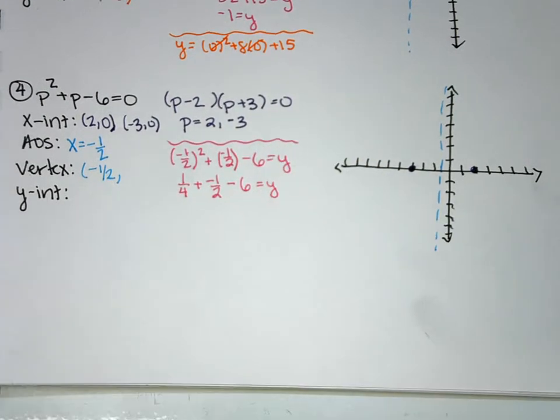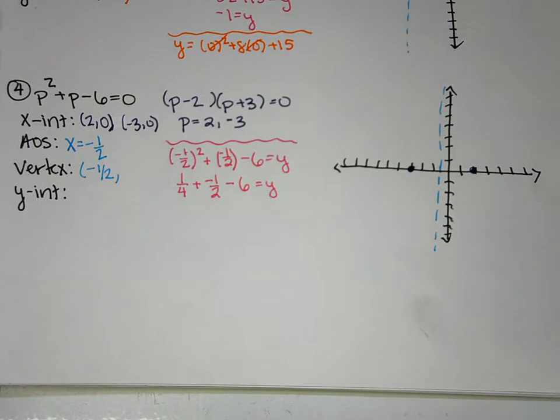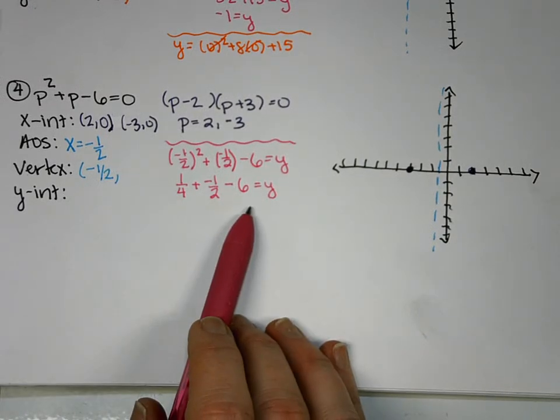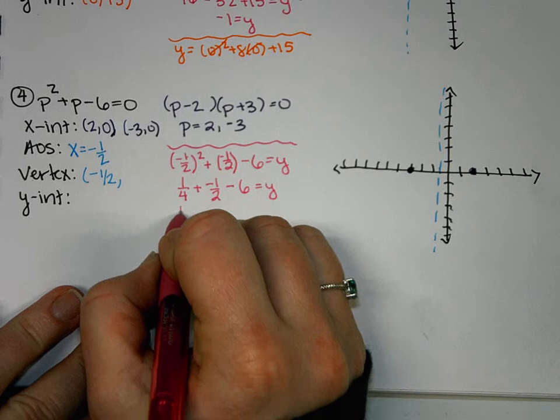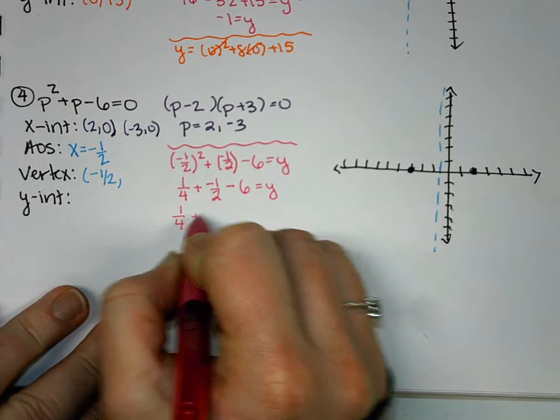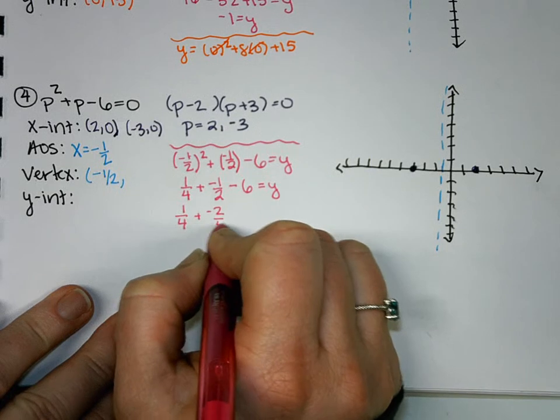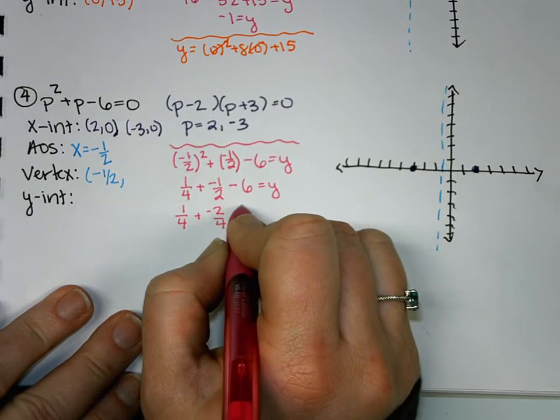And then what might we need to do in order to be able to add these together? If we have fractions, what do we have to have? Common denominator. So what would our common denominator be? 4. So this I'll leave as 1/4. This one will become negative 2/4. And this one will become 24/4.